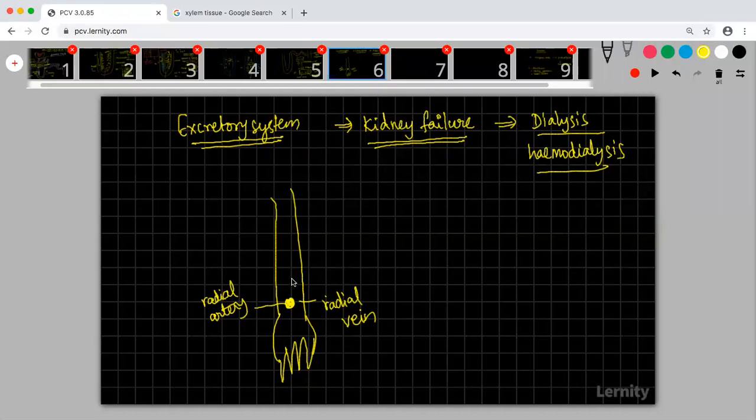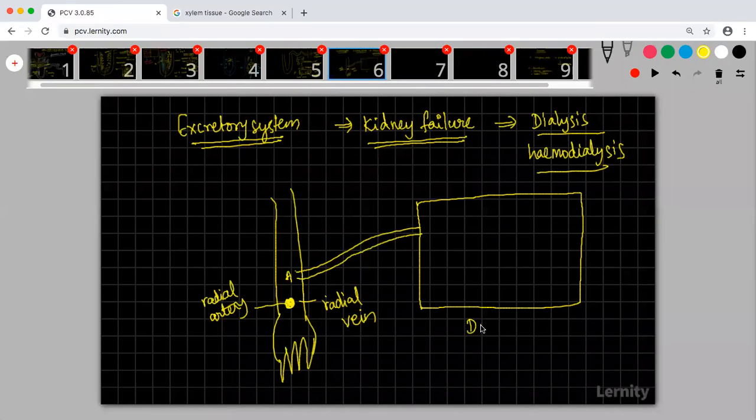From the radial artery, they will take a tube outside, take the blood outside. In this particular case, they will have a chamber. This chamber is called a dialyzing chamber. And then here this is taken, and you have a series of tubes that will be running.